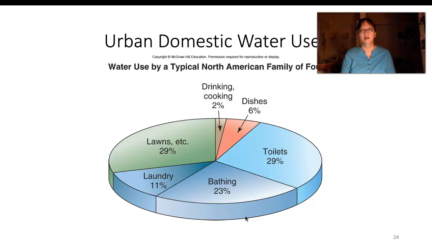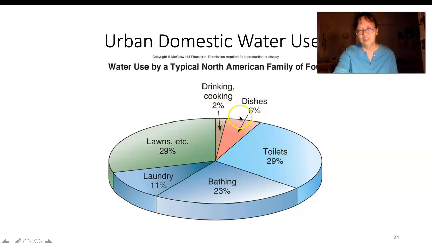This is a pie. I want to emphasize this pie. We can see how we use the water in a visual manner. And we can see for toilets and bathing and the laundry, this is a big portion of the water used domestically. And the drinking and cooking only 2%, right?